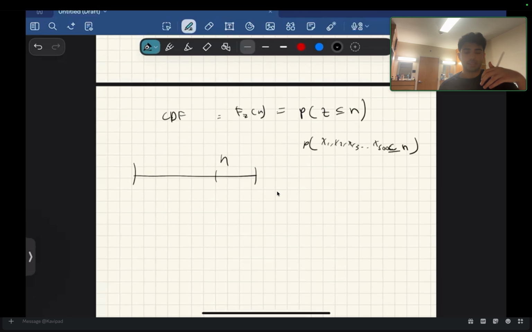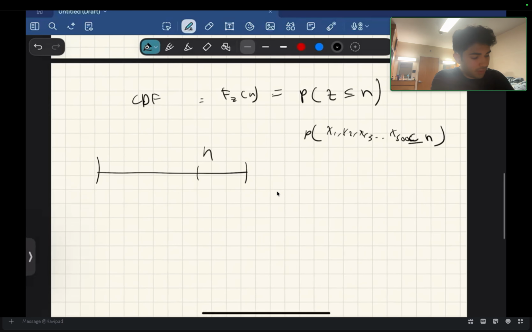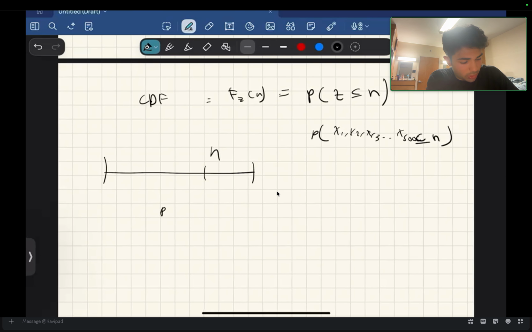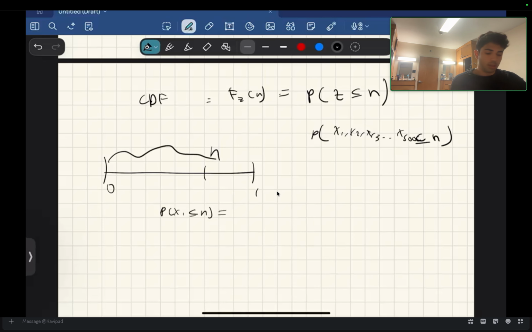Because if, say, x444 is the highest number, we need that to be at most n, and every other number must also be at most n. So the probability of x1 being at most n is the length of this portion, because from 0 to 1, the portion that is allowed is anything from 0 to n.